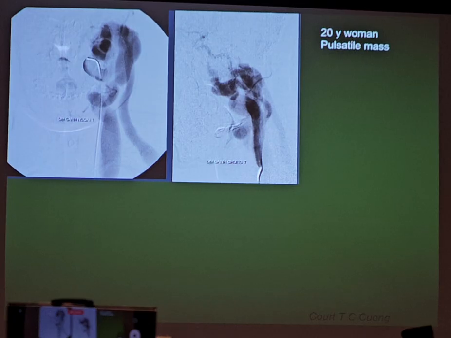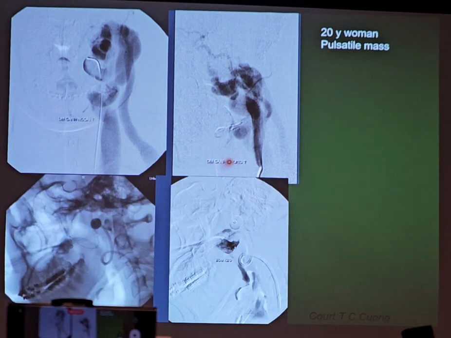This is what we worked with in Vietnam with the team there. They were keen on using a balloon at the tip, and they put a microcatheter through the guiding catheter to the area they fixed as the very first venous pouch.